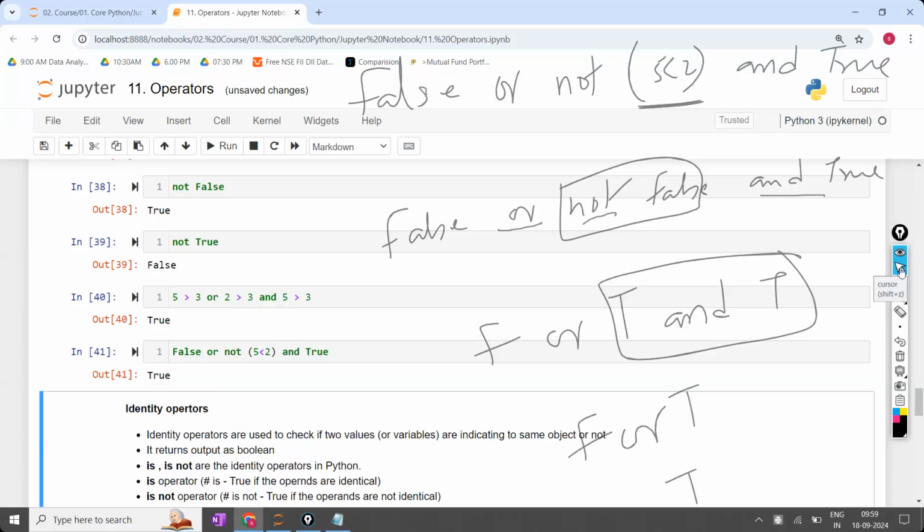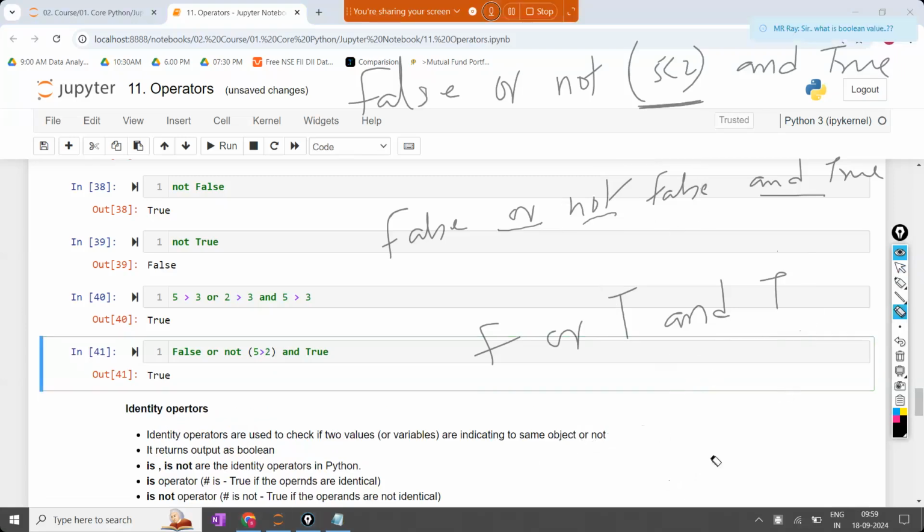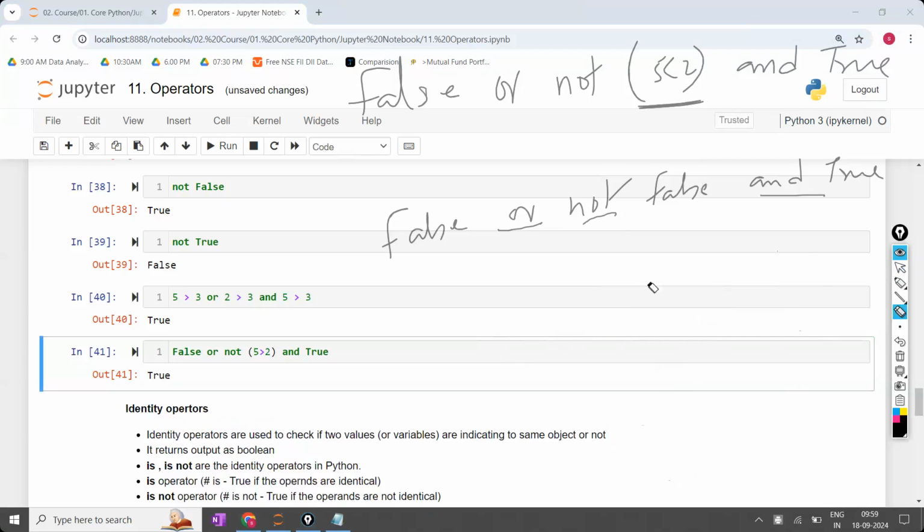Is the point clear? Let's try the same thing with the greater than symbol. Now you tell me whether we are going to get the same answer or a different answer. Let's check. Now 5 greater than 2.